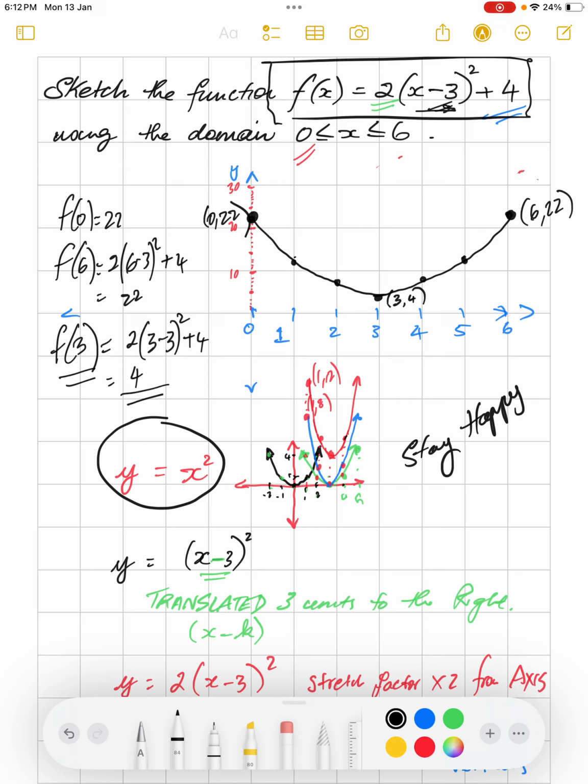It's stretching it by double, and it's raising everything by 4 units. So the turning point here, you can see, will be 3, 4, just by looking at the graph: the x value 3, and up 4.